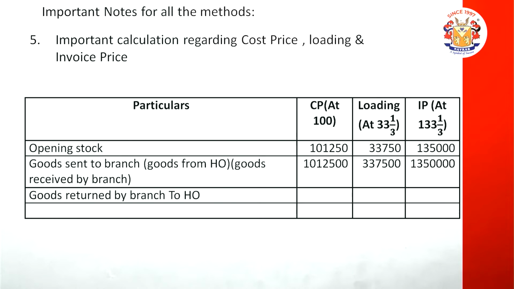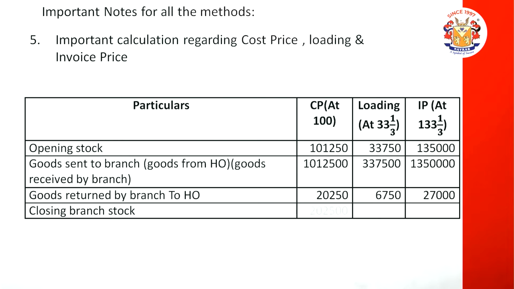Next one, goods returned by branch to HO. It is given at invoice price 27,000. At 133.33, 27,000. What about 100, means cost price: 20,250. So what about 33.33? Then it will be 6,750 means loading.